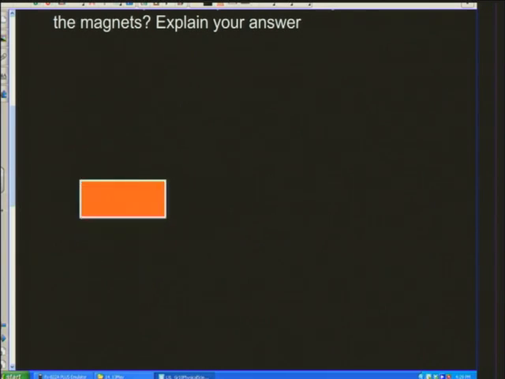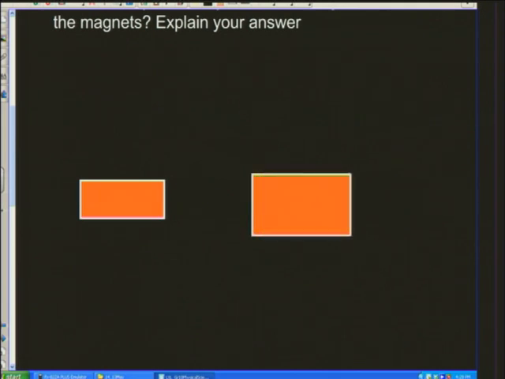So there's my magnet, and here's another one. Now remember, when we're drawing these, what I said just now: that's a north, and that's not a south, that's a north as well. This is a north, north.